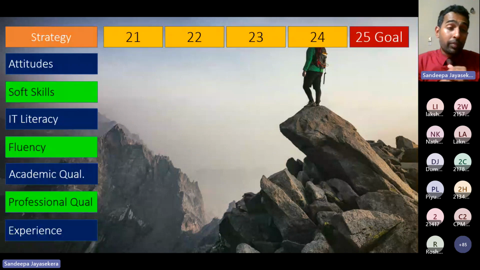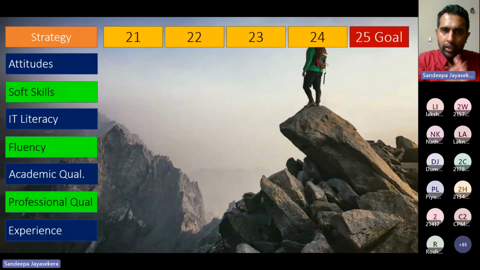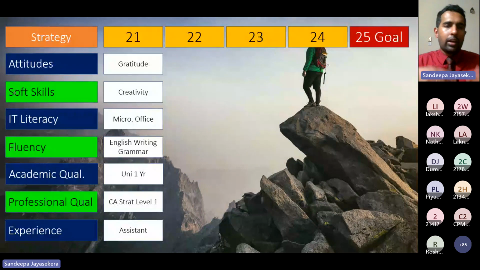Now, let me show you what I have done myself. When it comes to these 7 strategies, at my age of 21, 22, 23, 24, what I have done. At the age of 21, I was developing certain attitudes. I was improving my skills on creativity. I wanted to become a creative person.